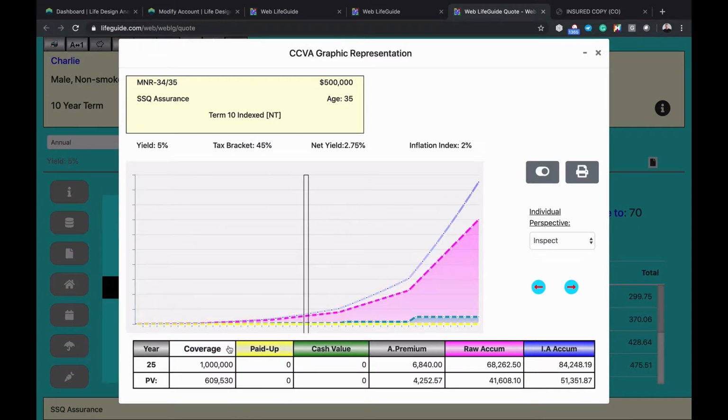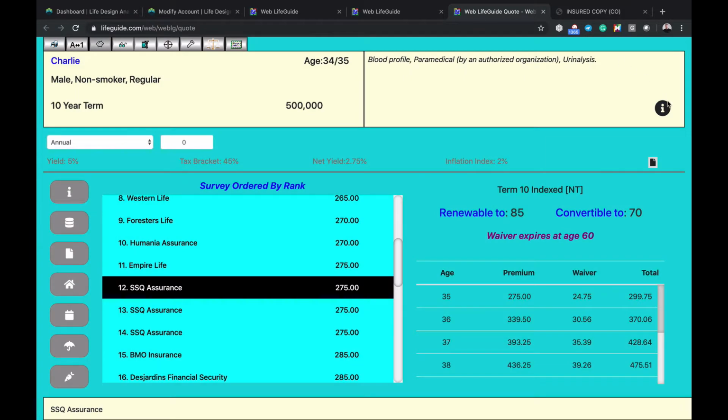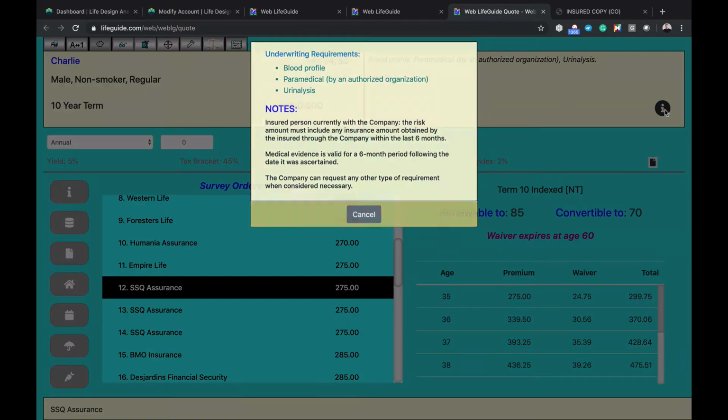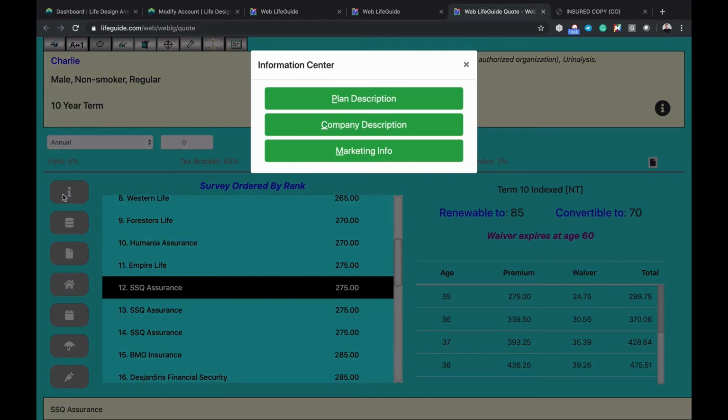If you go down below there, coverage, take that off, and you can look at the premium flow, and so forth. If you click on the eye icon, close this one, Charlie, and hit the eye icon on the left. On the left, that's the one, yeah.